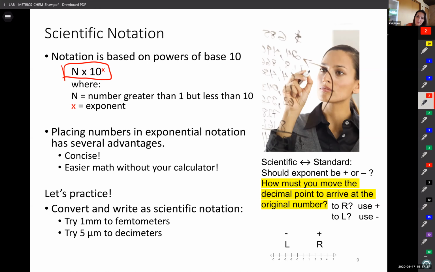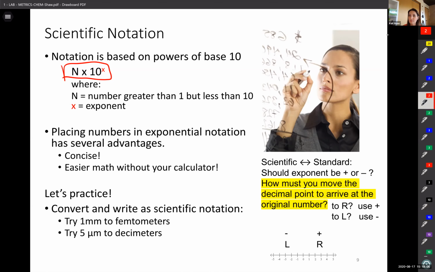Why use this type of scientific notation rather than the standard? It can be very concise, and that way it's useful. It's easier math to do without your calculator, right? In terms of it being concise, it's easier to write, say, something in femtometers as scientific notation with all those zeros that would normally be there rather than standard notation.